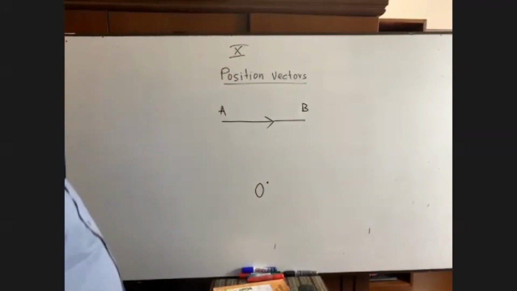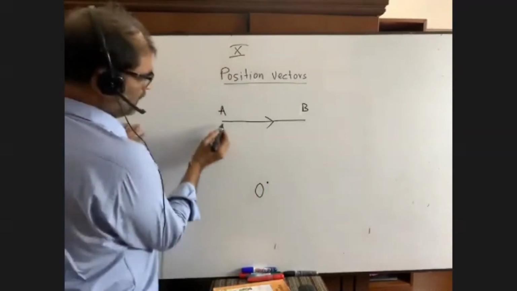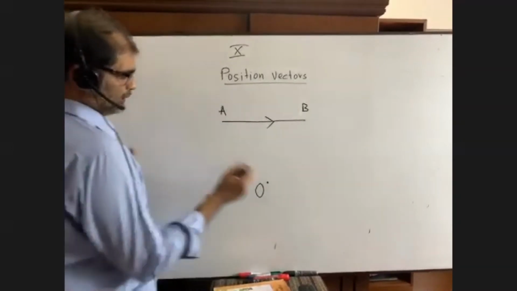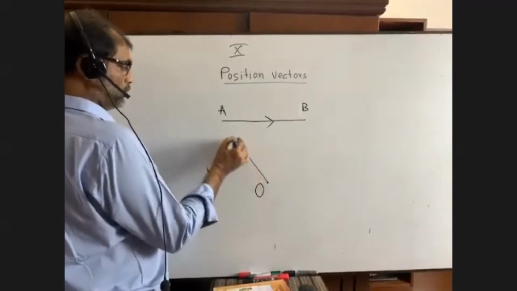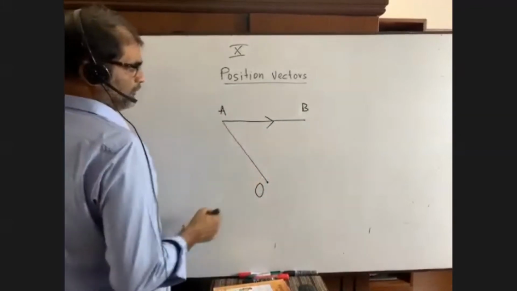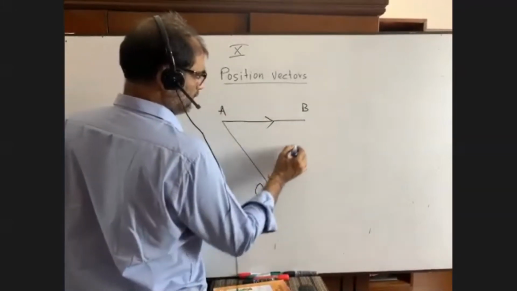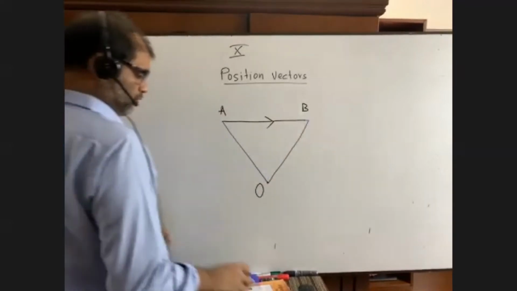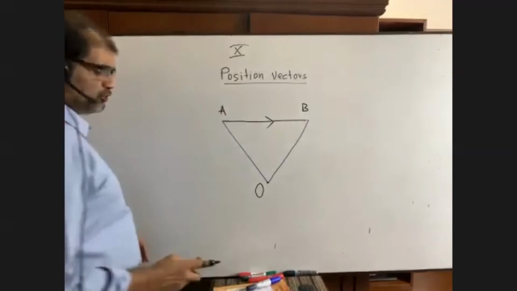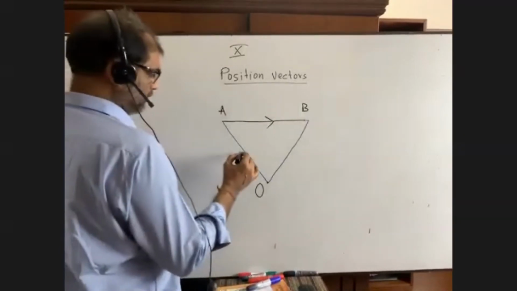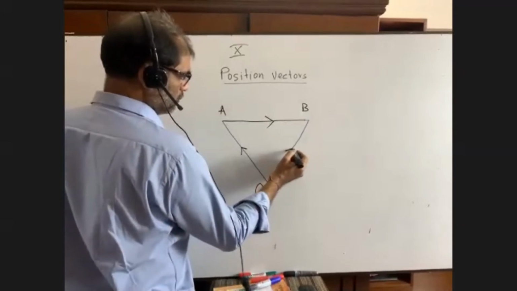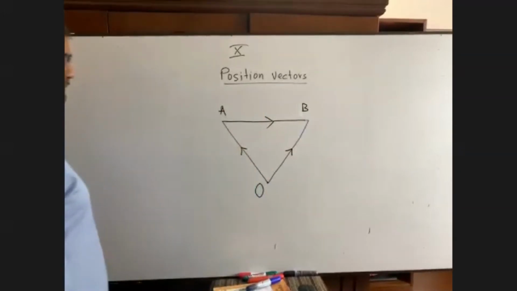Now, if we draw lines from O to A, you see O to A in this way, and O to B in this way. We have drawn two lines, from O to A and from O to B.